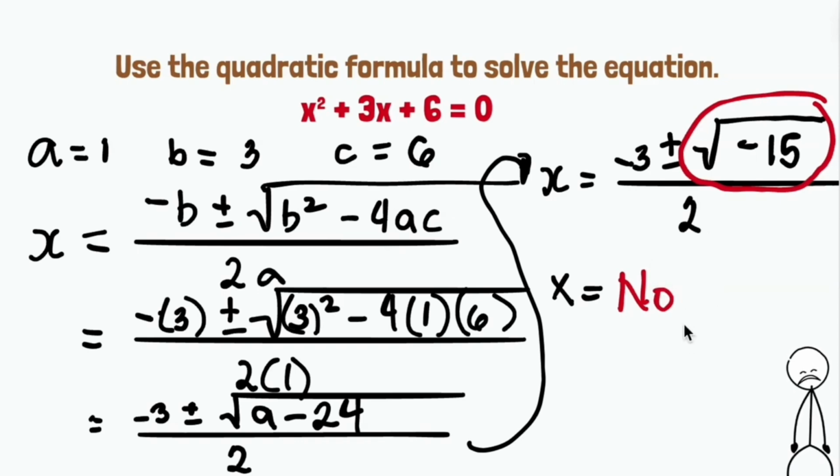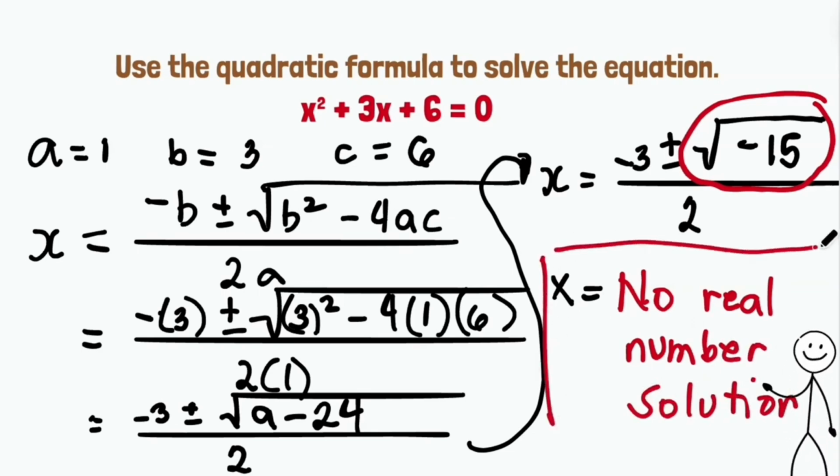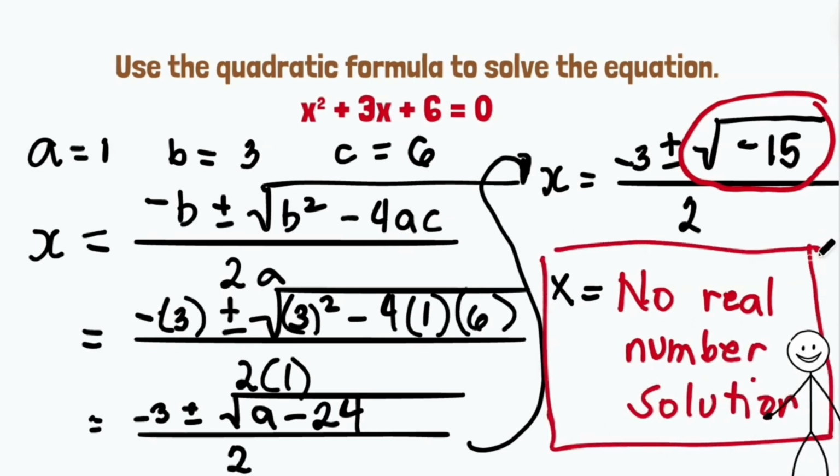The equation has no real number solution. Okay? No roots, no real number solution. This gonna be your alternative answer for you to handle this particular complex number. Okay? So, ibig sabihin, no real number solution ang magiging final answer natin, no?